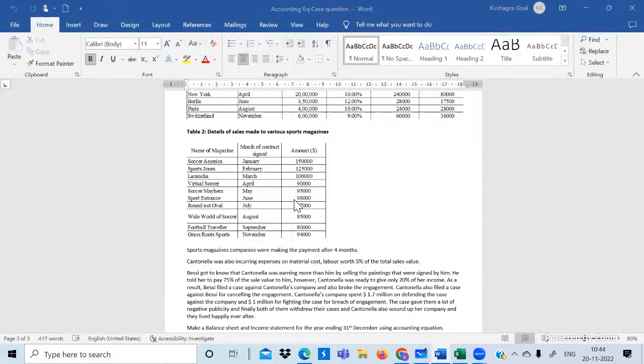No, because the payment would be done after 4 months. Tell me, have I received this revenue of September, 80,000? Again, a big no, because this will be received after 4 months, which means it will not be collected till 31st of December. What about this sale which is happening in the month of August? Have I received this amount?